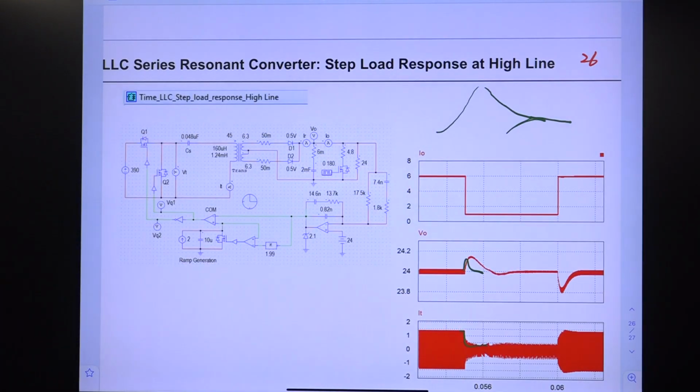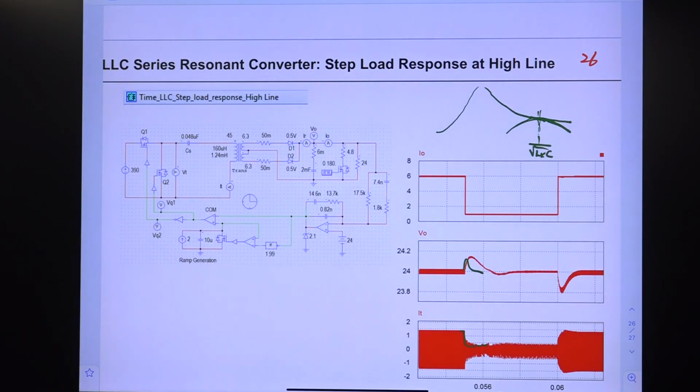Okay, when R is very small, very light load condition, something like this. Okay, this is the resonant frequency. At this frequency, it is created by the difference between L and Lk, leakage inductance, and C. Right?